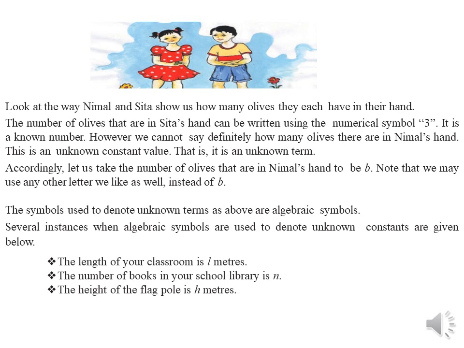It is a known number. However, we cannot say definitely how many olives there are in Nimal's hand. This is an unknown constant value. That is, it is an unknown term.